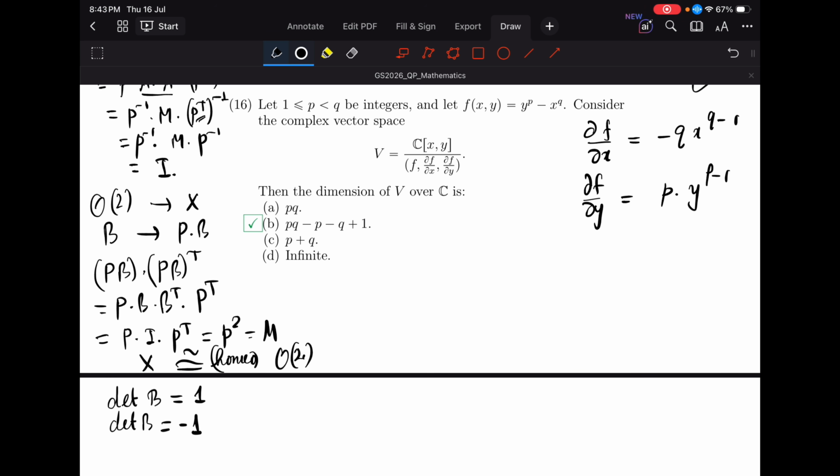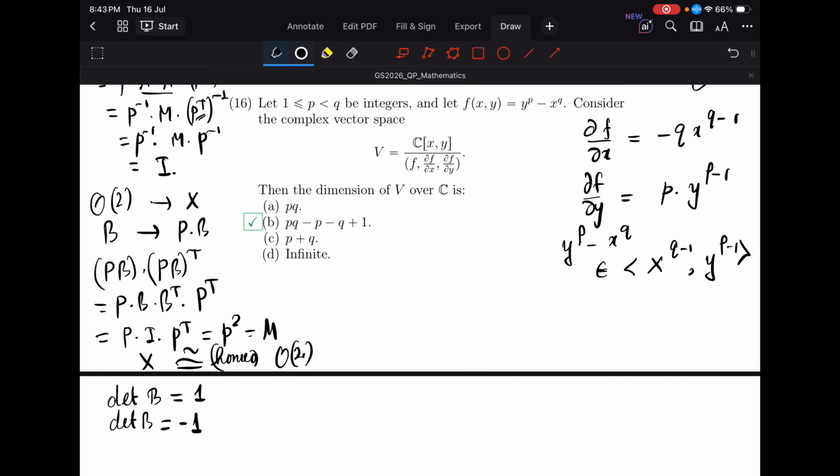Now note that y to the power p minus x to the power q is inside the ideal generated by x to the power q minus 1 and y to the power p minus 1. Why? Because y to the power p minus x to the power q equals y times y to the power p minus 1 minus x times x to the power q minus 1.